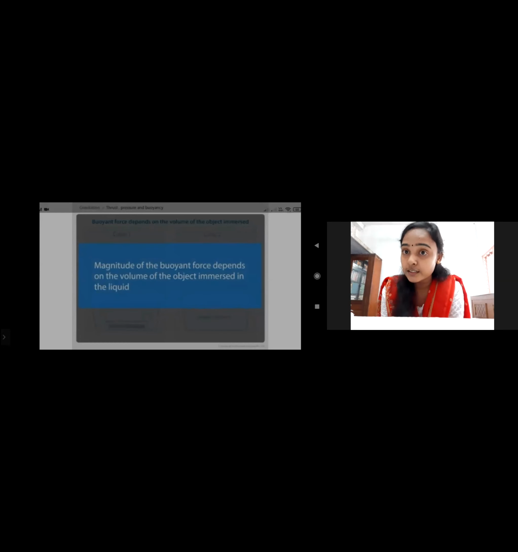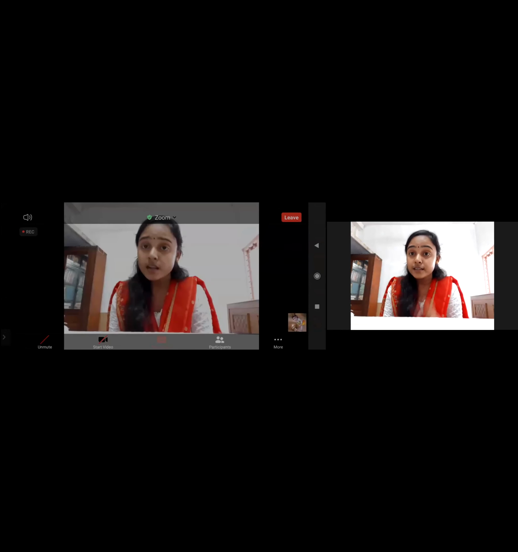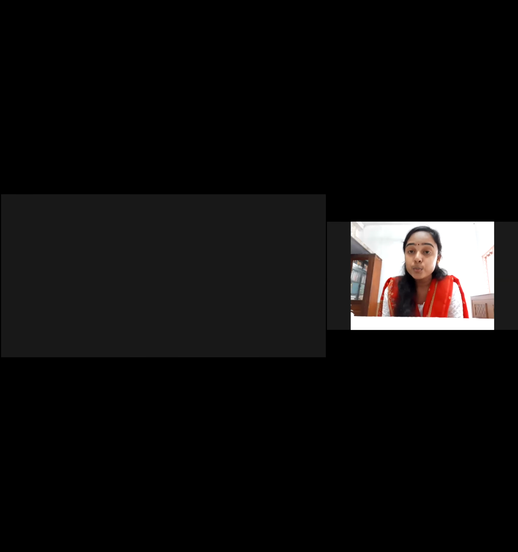And here we conclude the two factors that buoyancy depends on. The first one is the volume of the object and the second one is the density of the liquid. And now we are over here to Aparna teacher.